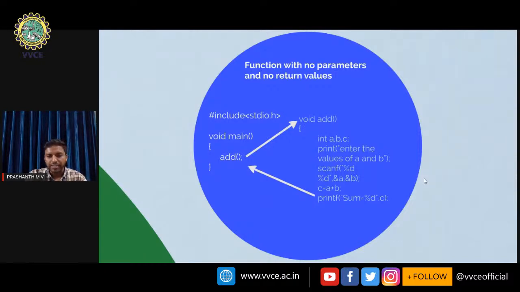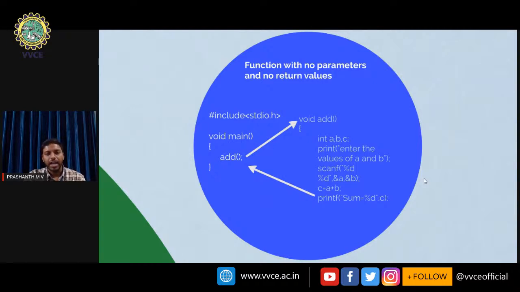There is a parenthesis which is missing here. You can just imagine there is a closing parenthesis in the add function. So after this call to add happens, the control will be moved from the main function to the called function. Main is the calling function, and void add is the called function.